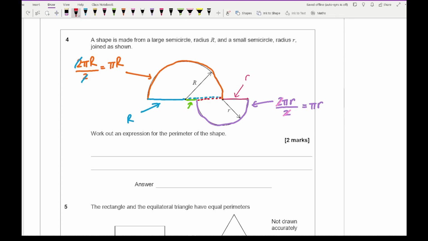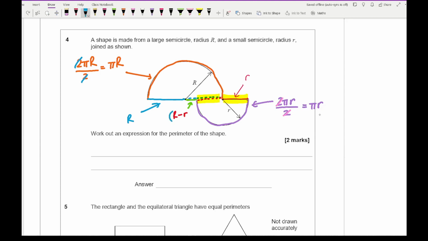So this little length here is going to be big R minus little r. Alternatively, what you could have done is move this length here, and if I move that there, that would therefore just equal capital R. So again, just be mindful of that.